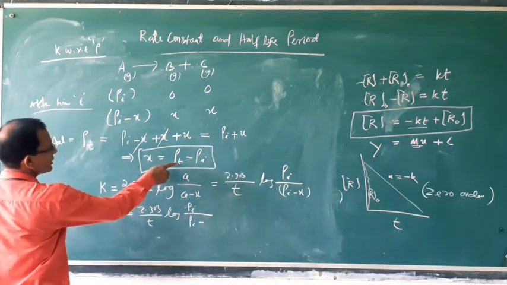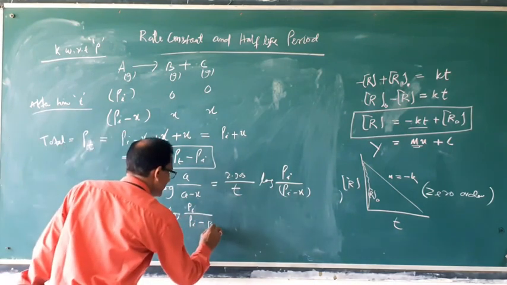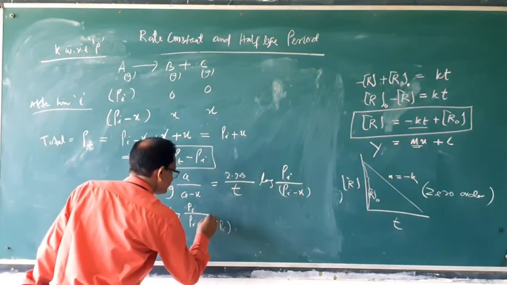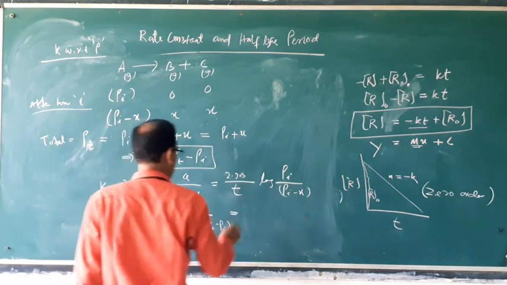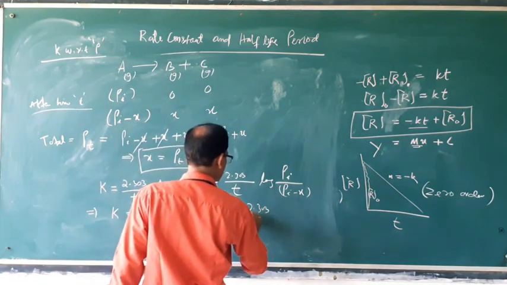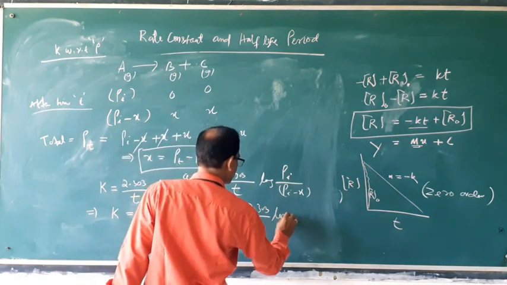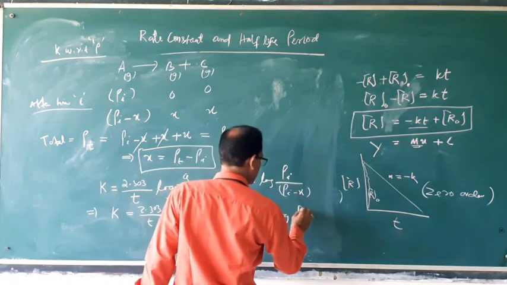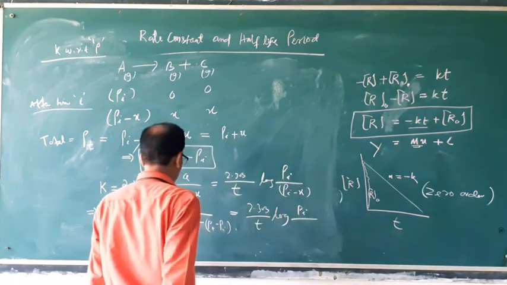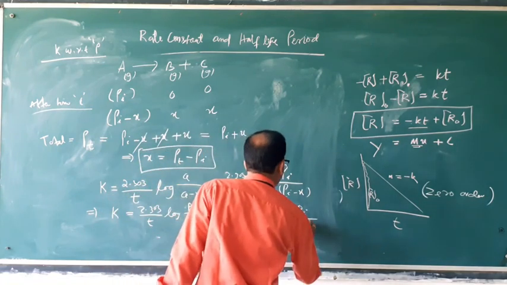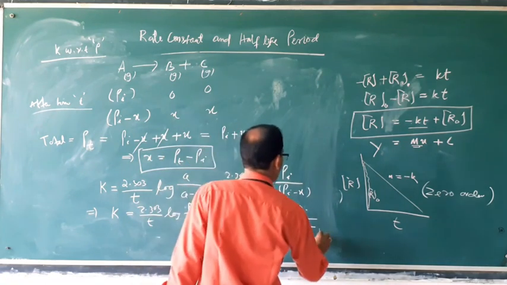What is the value of x in terms of total pressure? x is PT minus Pi, so K is equal to 2.303 by t log Pi upon 2Pi minus PT.